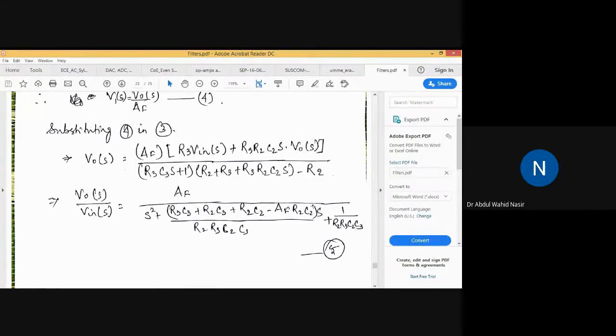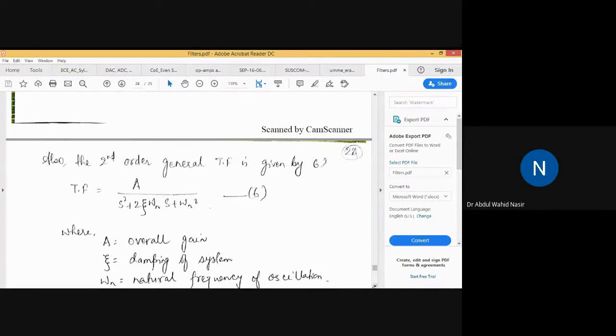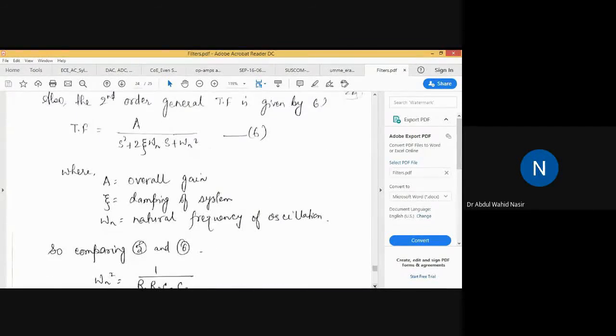Now we can compare this equation 5 with the standard second order transfer function, and then we can find the value of omega, the frequency. The second order general transfer function is given by equation 6, that is A by s square plus 2 xi omega n s plus omega n square, where A is the overall gain, xi is the damping coefficient of the system, and omega n is the natural frequency of oscillation.